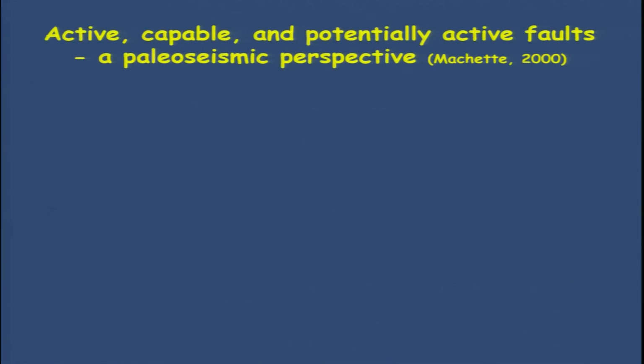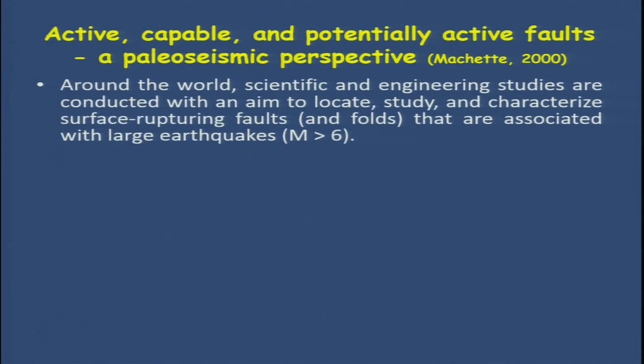Further, we can also classify the faults as active, capable and potential active faults within the perspective of paleoseismic investigations. Okay. So, around the world, scientific and engineering studies are conducted with an aim to locate, study and characterize surface rupturing faults.